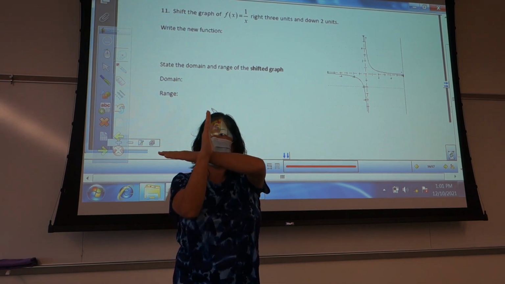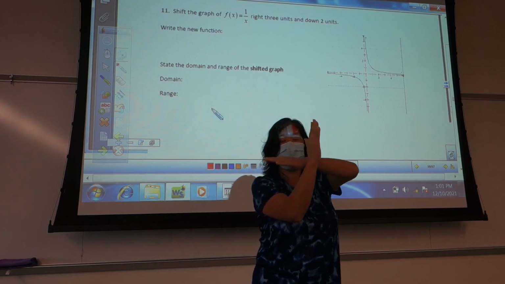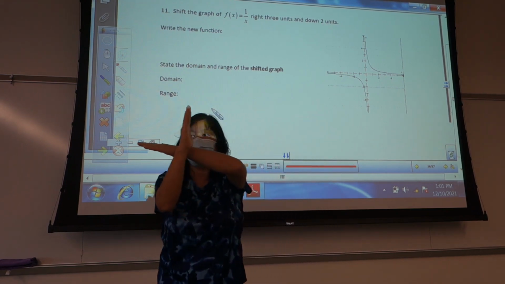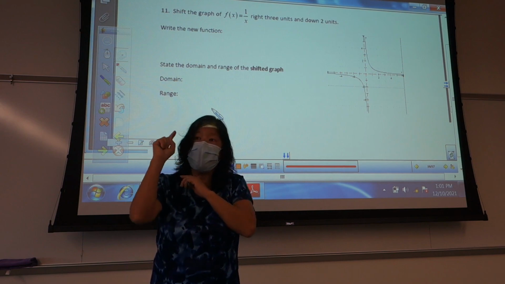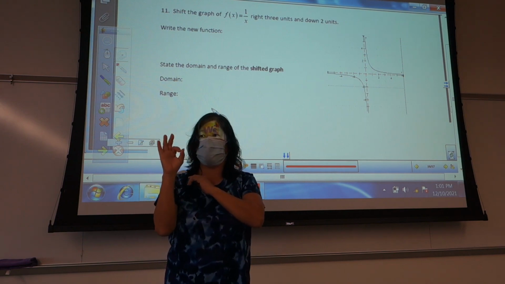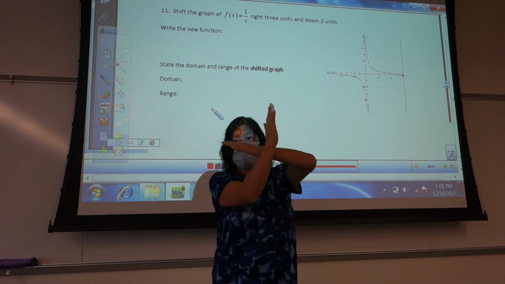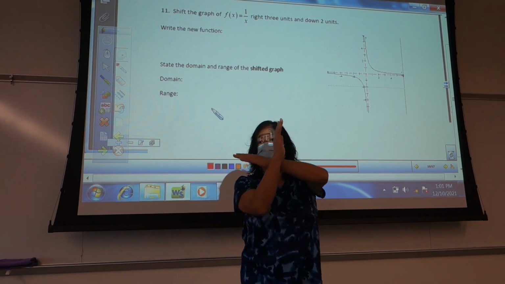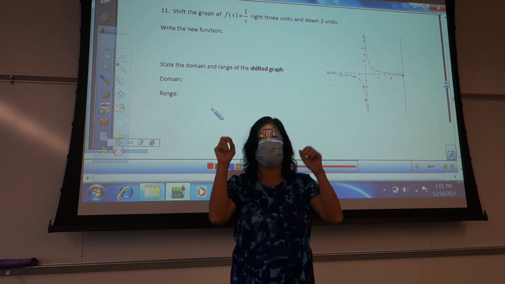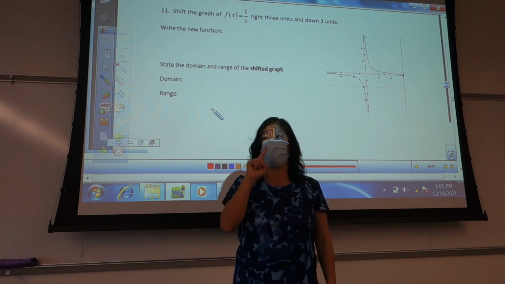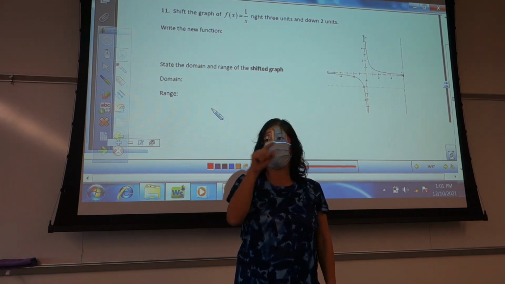As I shift this, wherever my new center is, that's where the asymptotes cross. You do that first, you're in good shape. You don't do that, big trouble. So figure out where you want that center to shift, and remember that center is an open circle. That's not one of your points. It's where the asymptotes cross.